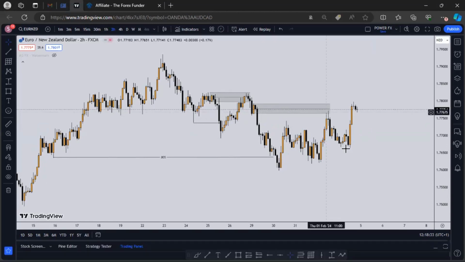Price mitigated on the order block, came all the way to the downside, then rallied all the way to the upside again to hit stop loss. Let me show you guys.